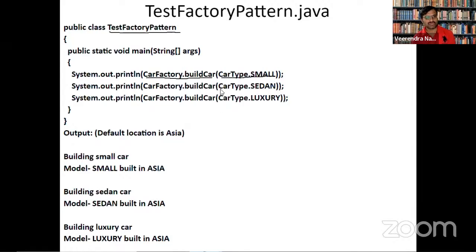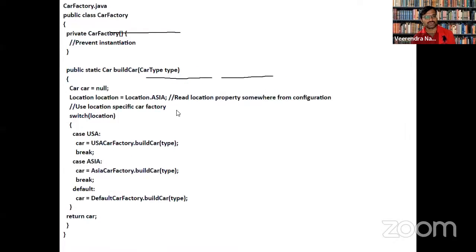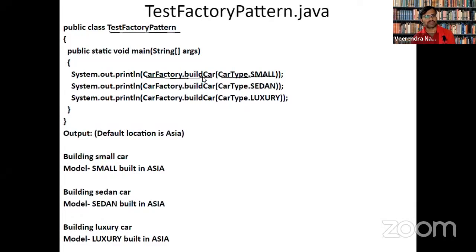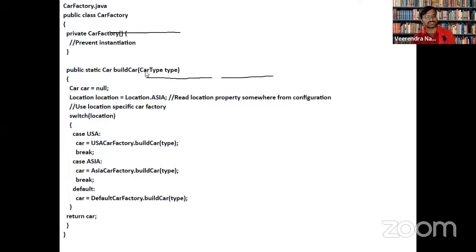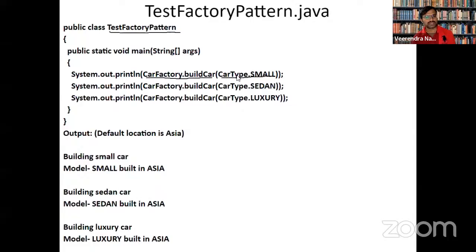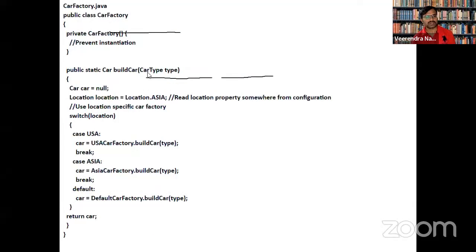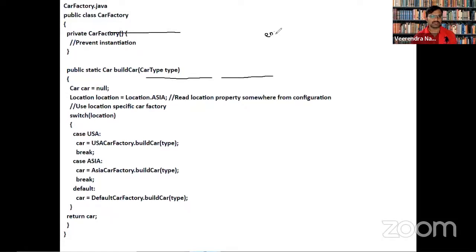So where is this call going? If you go back, build car type. So what you are taking is car type dot small. What is car type here? Car type is our enum, you remember.